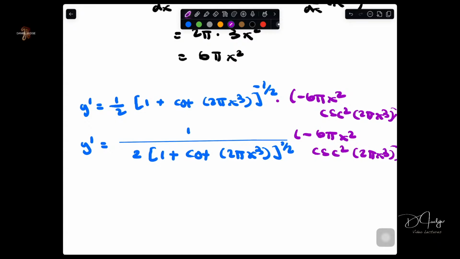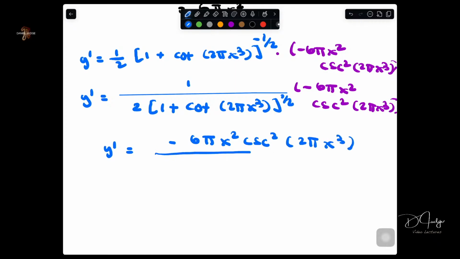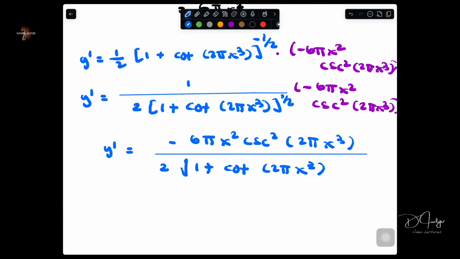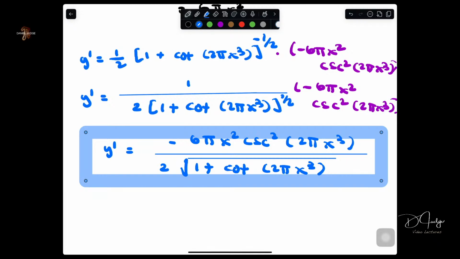So we'll put that in parentheses. Now, that's just going to go on top. So I'm going to say we get negative 6 pi x squared cosecant squared 2 pi x cubed, everything over 2 square root of 1 plus cotangent 2 pi x cubed. And wow, what a derivative. Anyway, that one was definitely a wow kind of question.